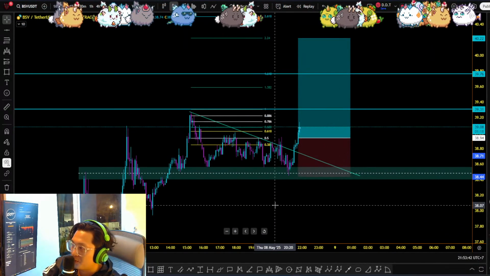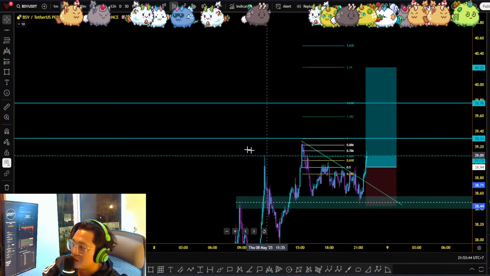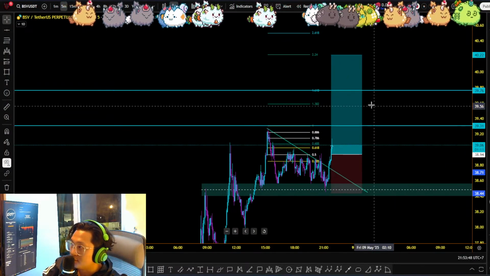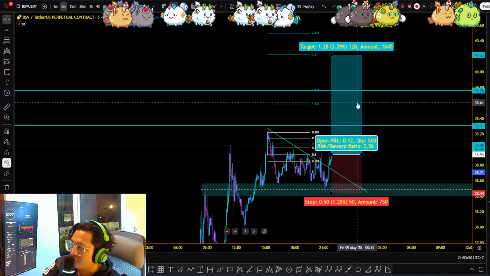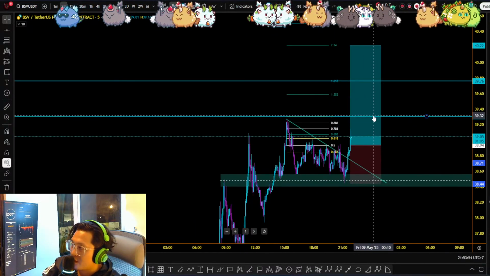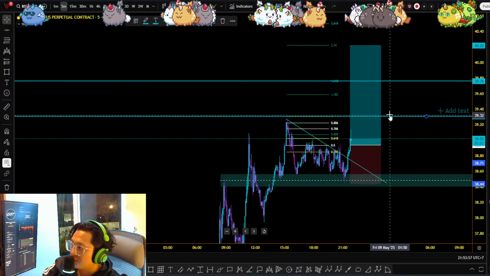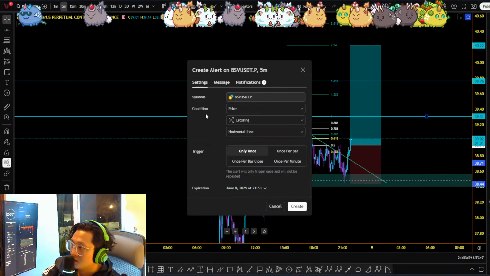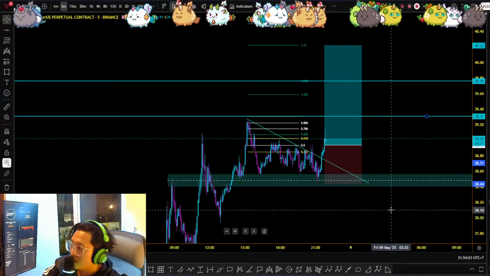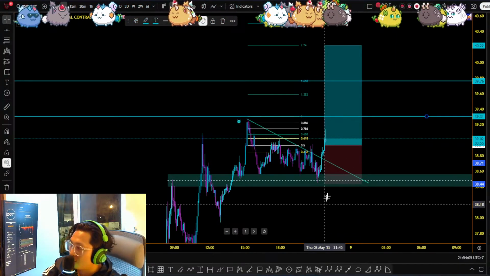That's why I put the stop loss in here, which means we're gonna hit higher from here. We got 2.5 ROI from here. This is 5 minutes, and we put the stop loss at 38.44.